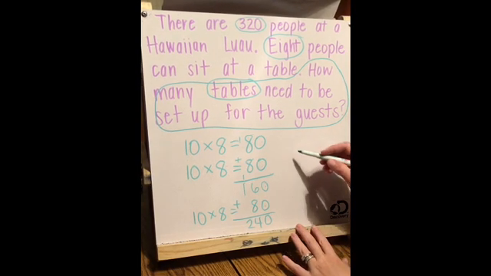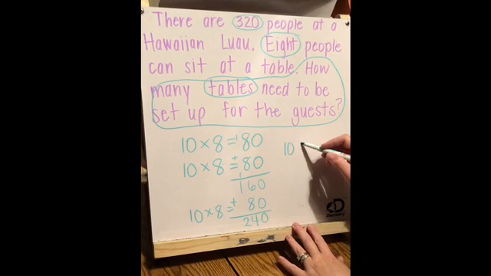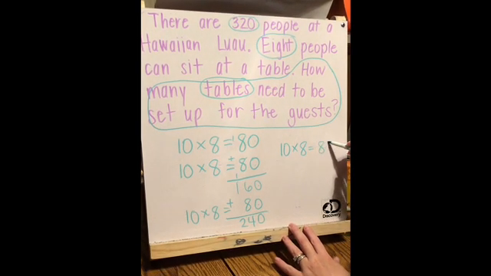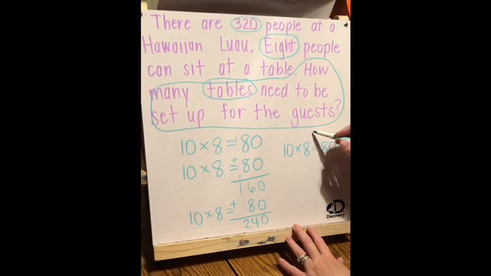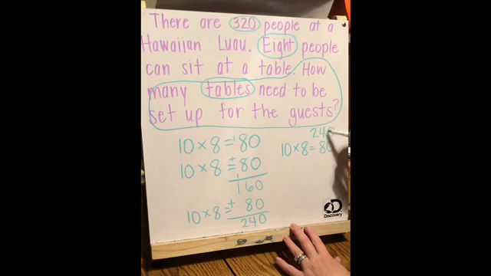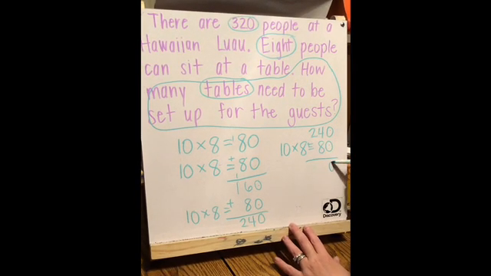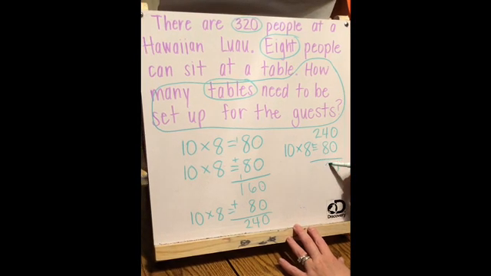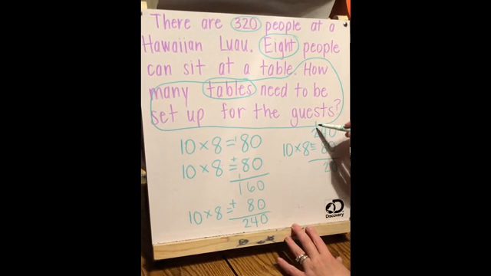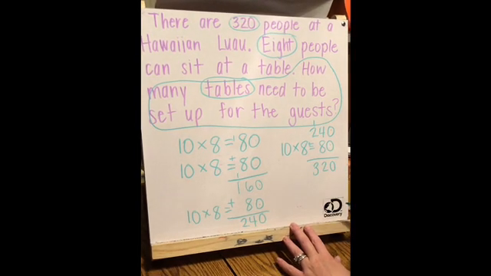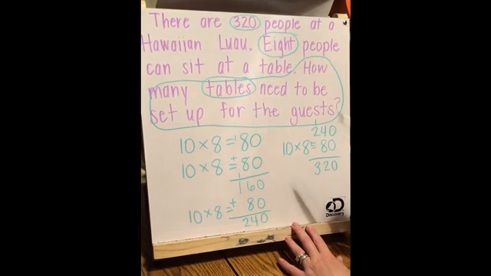Let's try another 10 tables of 8, which would give us 80 again. So let's try 240 plus 80. We have 0 plus 0 is 0. 4 plus 8 is 12. We need to regroup. 1 plus 2 is 3. 320, and that's how many people we needed.